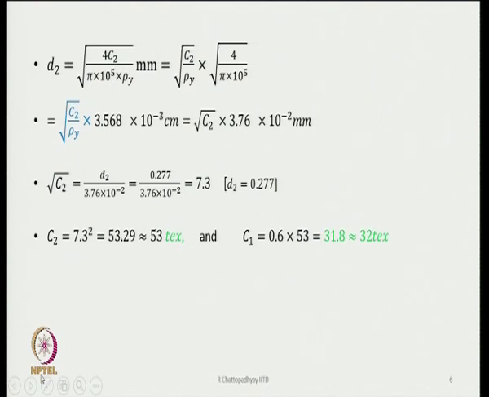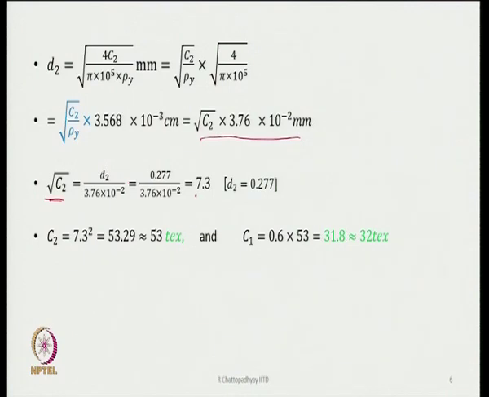we will find that d 2 is going to be root over C 2 into 3.76 into 10 to the power minus 2. From there, we can find out root over C 2.